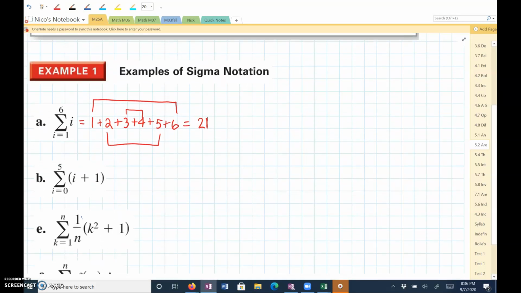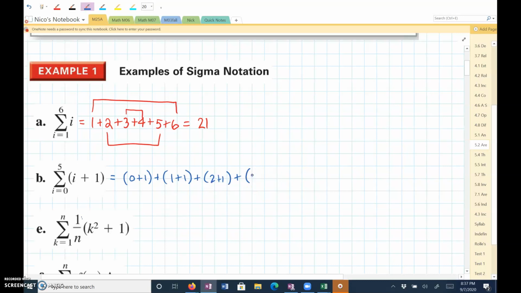Let's look at the next example. This time, the lower bound is 0 and it goes to 5. So the first term, you would plug in 0 plus 1. The next term, you would do 1 plus 1. The next term, you would do 2 plus 1.